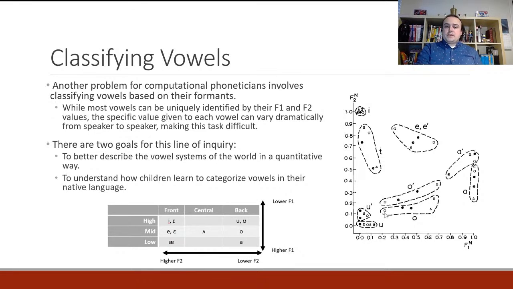Even though the person represented by empty circles and the person represented by empty squares have really different pronunciations for the vowel O with very different F1 values, I'm sure they could have a conversation with each other and they wouldn't misunderstand each other's O's. So learning how children learn that kind of categorization that's robust to these differences is also a really important question for computational phoneticians to figure out.